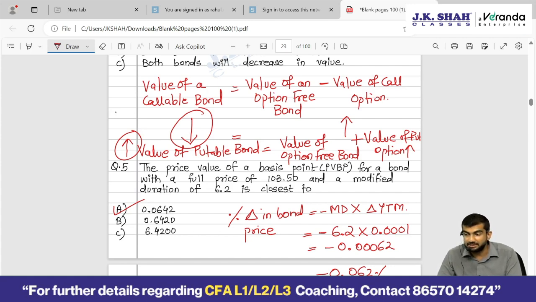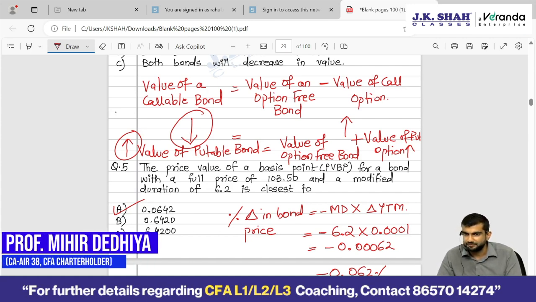And also remember delta YTM and all, please take it in decimals. Then the final answer you convert back to percentage. Proceed. No. Here they have not asked you the direction, just the absolute amount, so anything is okay. Done? Any doubt in any of the questions?